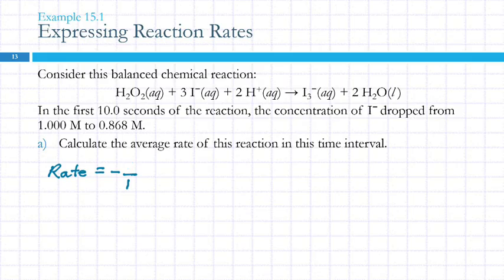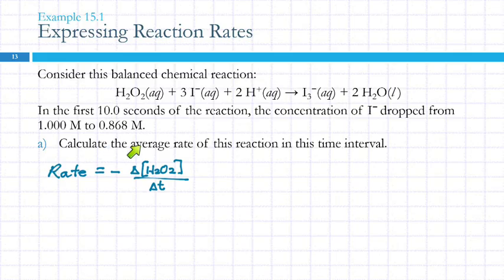Let's erase that. 1 over 1 times delta [H2O2] divided by delta t. The brackets around H2O2 mean the concentration of that thing in moles per liter, in case you forgot.